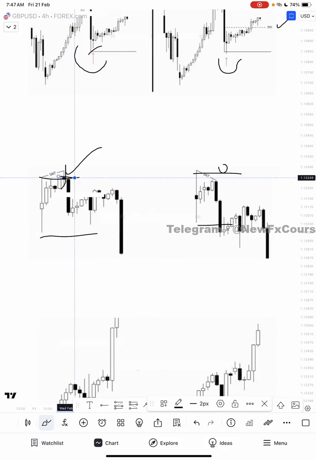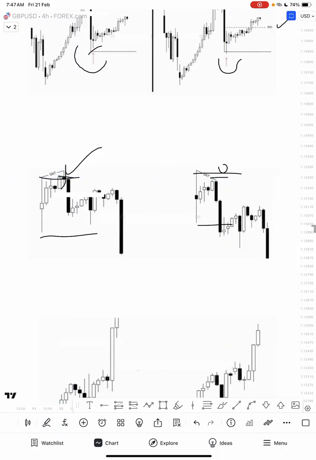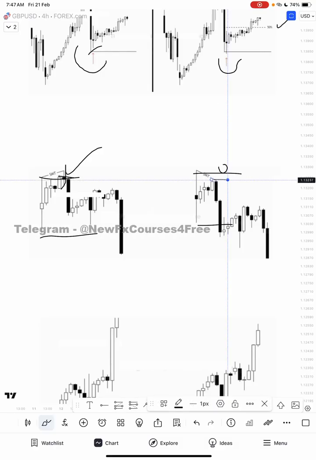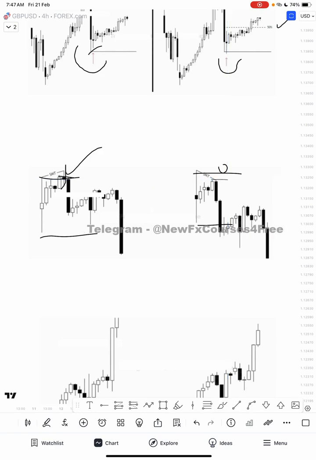Why this did not actually sweep it or that? Don't know. Wait, let me decrease this. This did not actually sweep this high or that. But here, we actually swept it a lot, and popped up above that high.